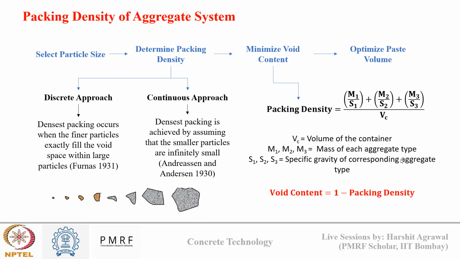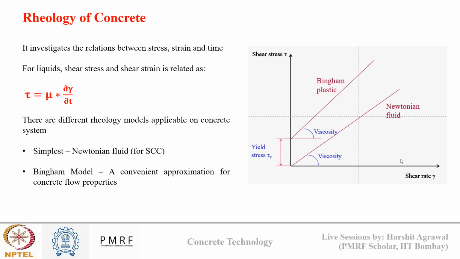Using these theories, packing density is optimized and void percent is minimized. Once packing is maximized, we need to take just enough space to make concrete workable with desired strength, and the flowability part is controlled by the rheology.